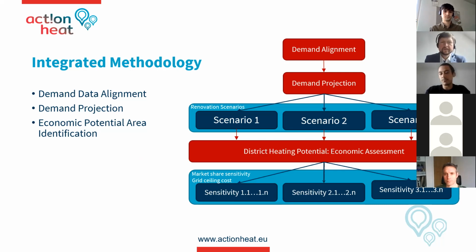These include one for the demand alignment and one for demand projection. So basically, we see how the forecasted demand would look under different scenarios based on the renovation rates.